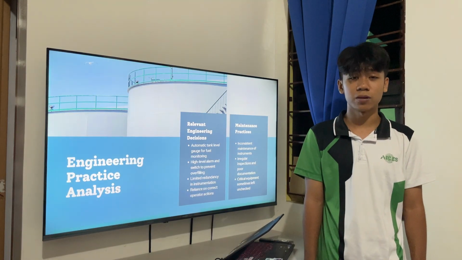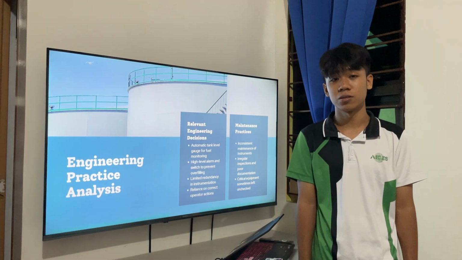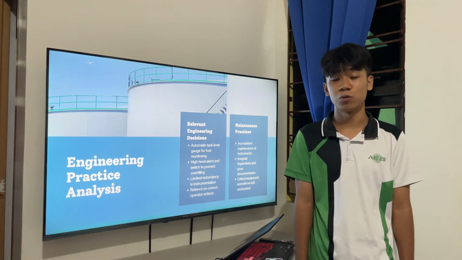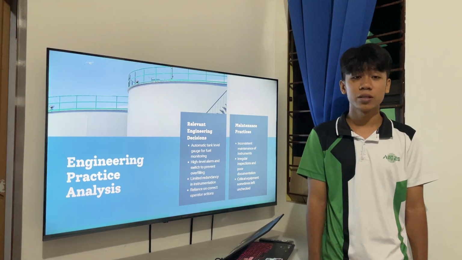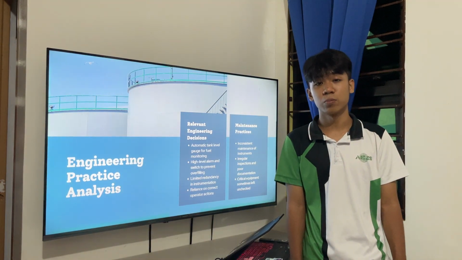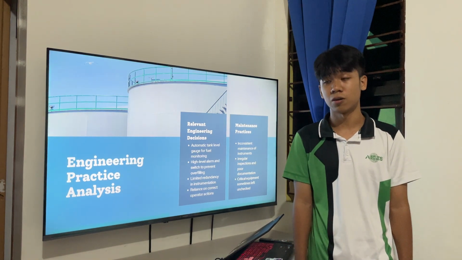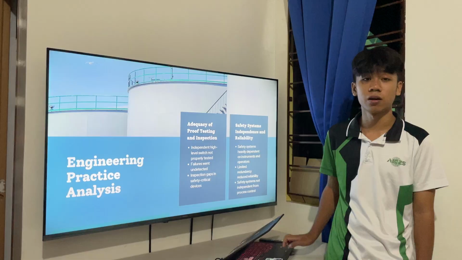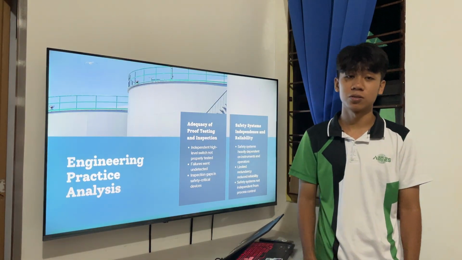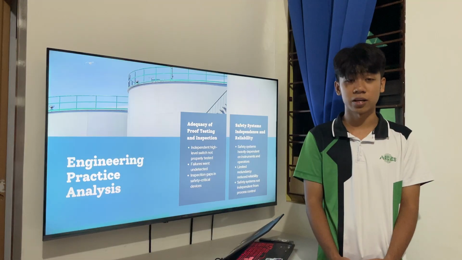The safety strategy also depended heavily on operator monitoring and quick response, which increased the risk of human error. Maintenance and inspection practices were also inconsistent and poorly documented, which made it difficult to detect equipment degradation or failures. In particular, the independent high-level switch was not regularly proof tested, allowing hidden faults to remain undetected.